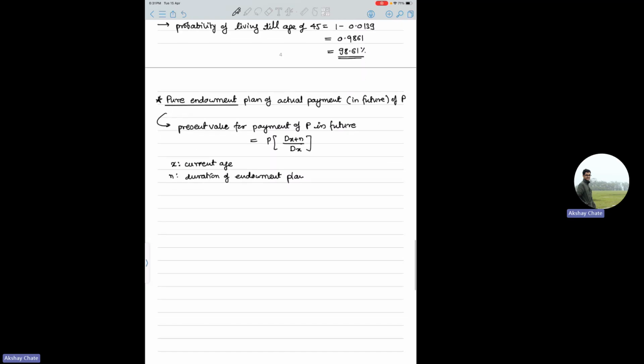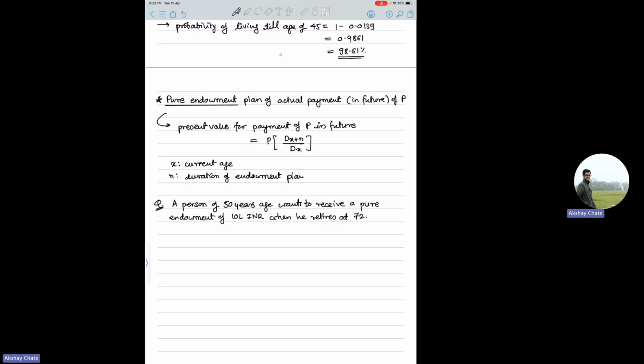Okay, so the question is, a person of 50 years age wants to receive a pure endowment of, let's say, 10 lakh rupees when he retires at, let's say, 72.